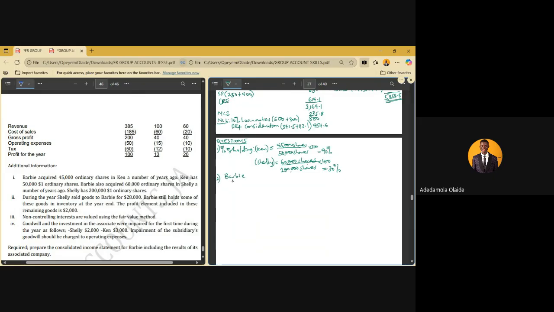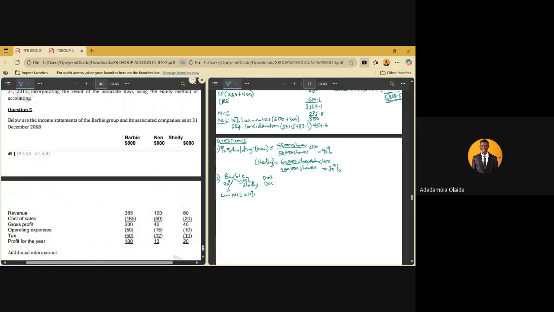So we'll have Barbie acquiring Ken 90%, NCI 10%, acquiring Shelley 30%. Date of acquisition and date of consolidation. They did not tell us the date they acquired them, but the date we are consolidating for is 31 December 20X8.